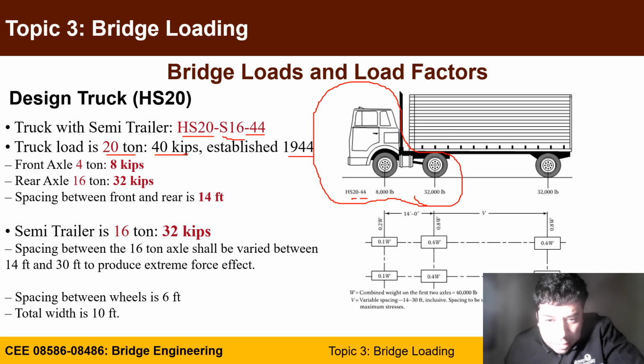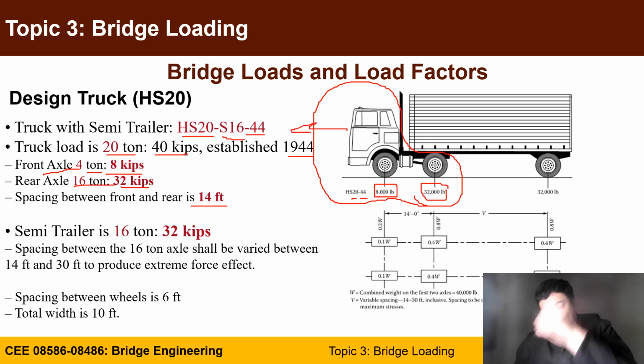In this truck, you will have 8 kips in the front axle, or 4 ton. In the rear axle, you have 16 ton or 32 kips. They are spaced at 14 feet in the longitudinal direction, right? So the truck has two axles.